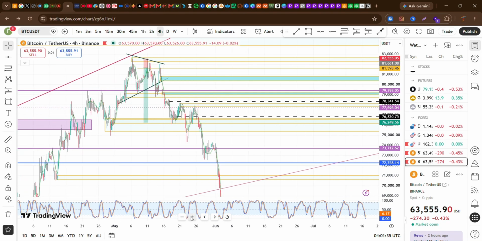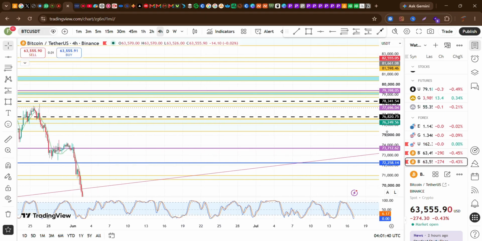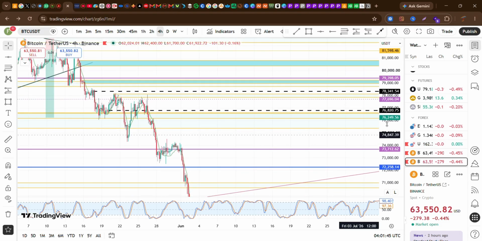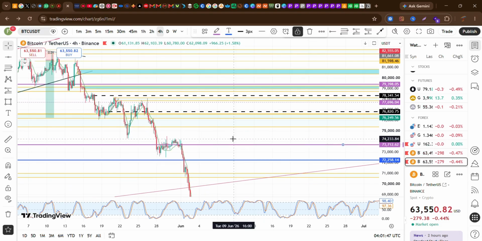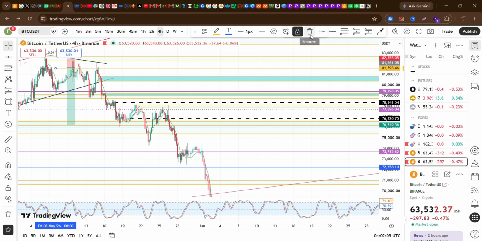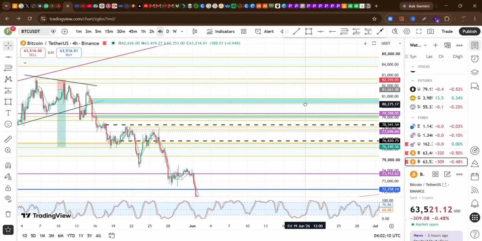The thin ones mean those other block zones are not really strong enough, but the thick ones mean it's a strong zone. A strong other block is a strong zone, so you need to watch out for that zone. But if it's thin, then probably the market is going to break it when it comes to that zone.